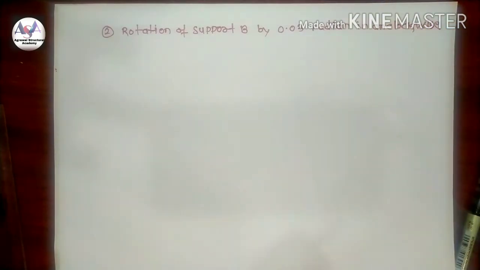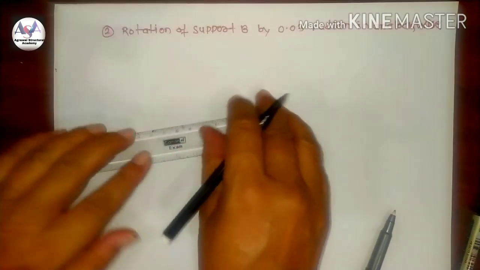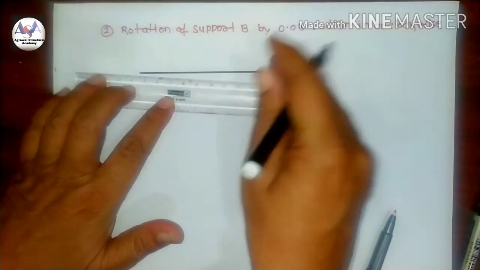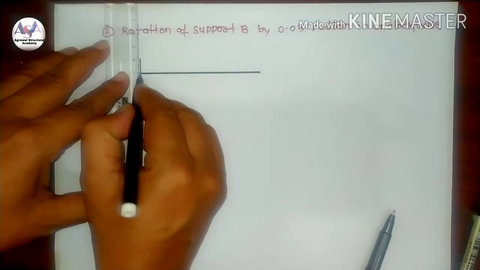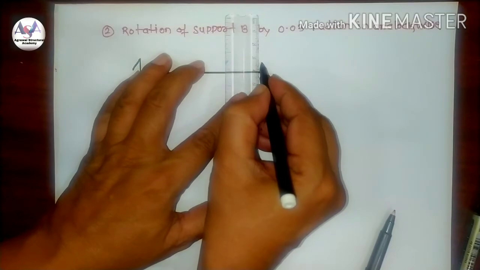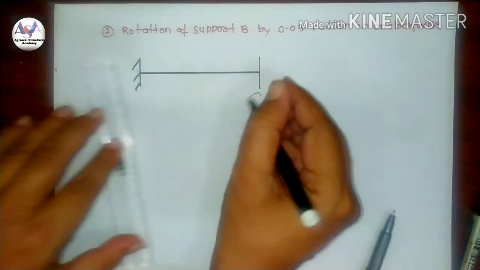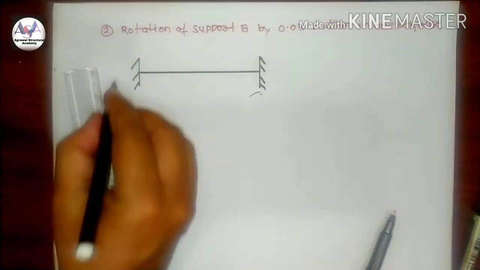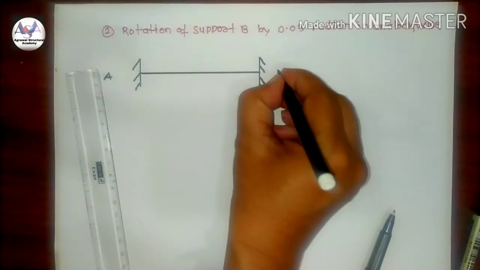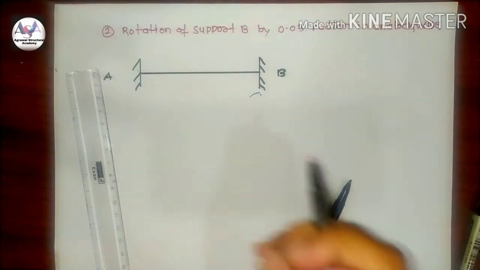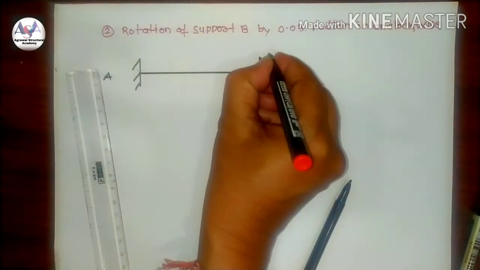So again we draw the beam. Suppose this is a fixed beam, with support A and support B. Anti-clockwise direction means the support rotates like this.